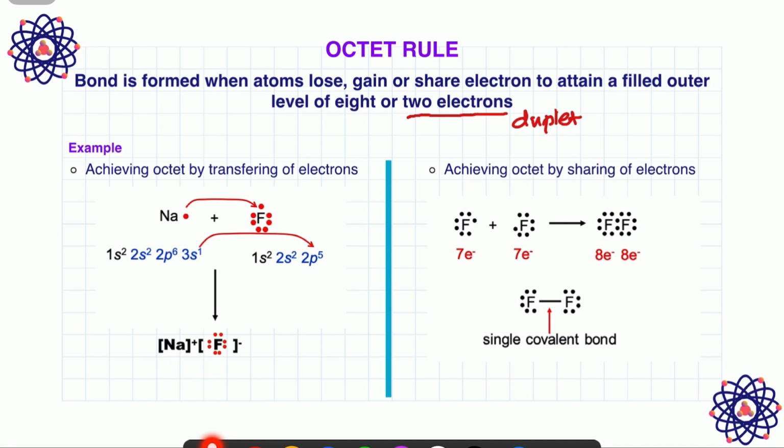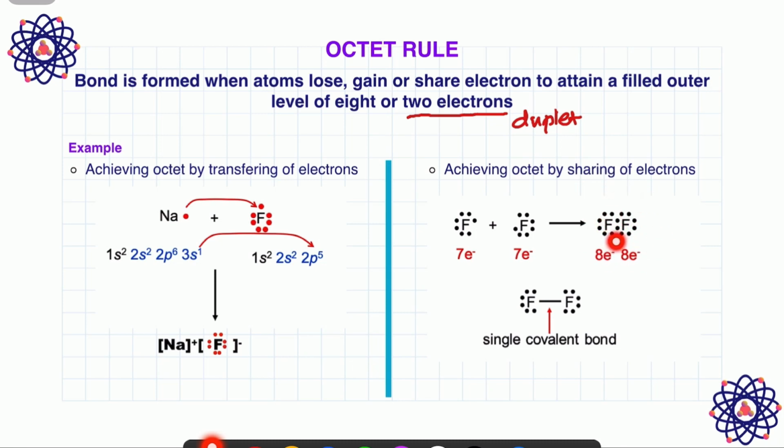We know that each fluorine atom has 7 electrons, and you can see that there is 1 electron not pairing here, and same for this atom. So to achieve the octet configuration, these two atoms will share the single electron to form a molecule. So this is a molecule of F2.